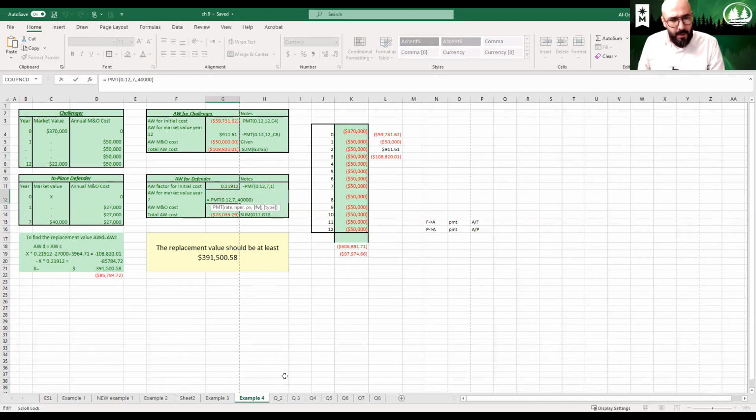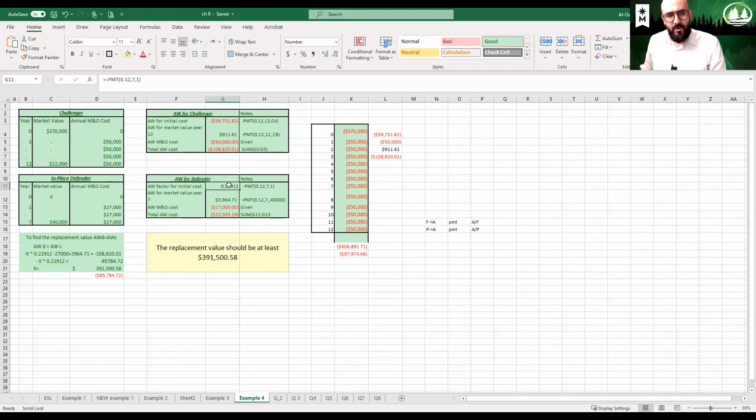And the maintenance and operational cost is given to us. Now for the initial cost, let's call it 1, and that will give us just the factor for it. The factor for the annual worth, which is the PMT, 12%, 7 years. Consider it is just $1. The factor would be 0.219.